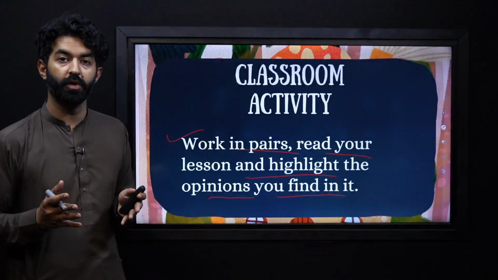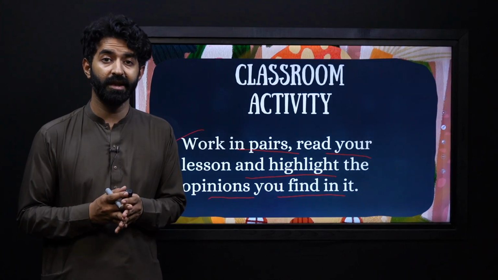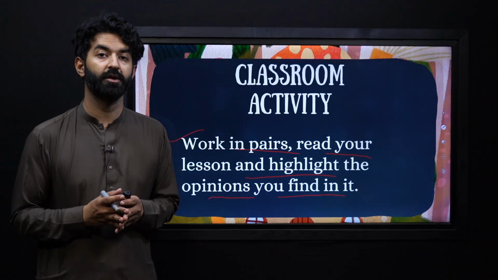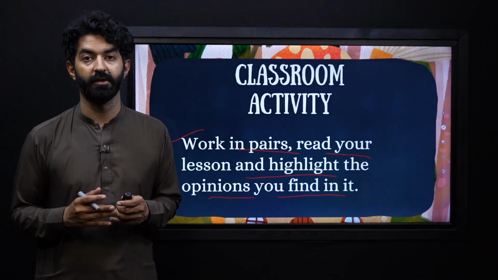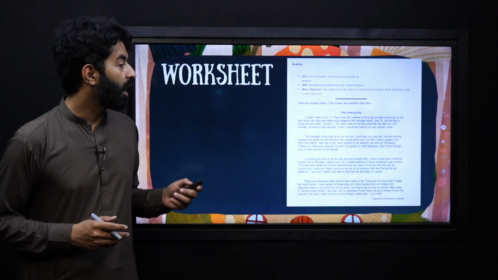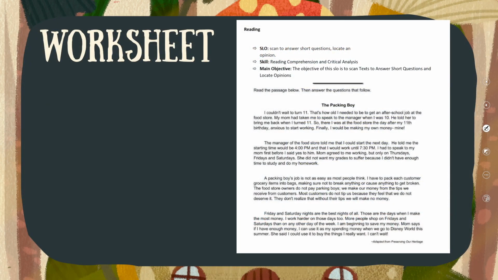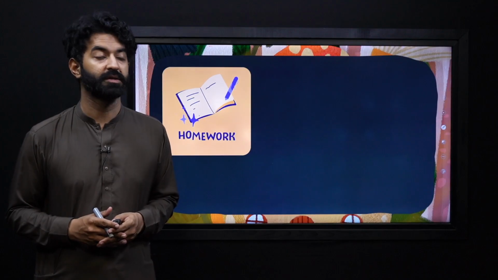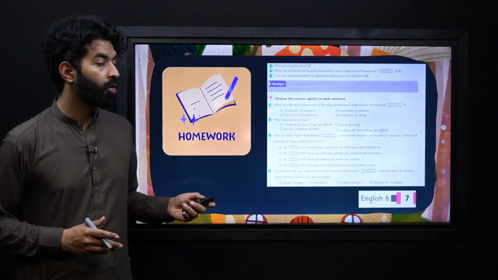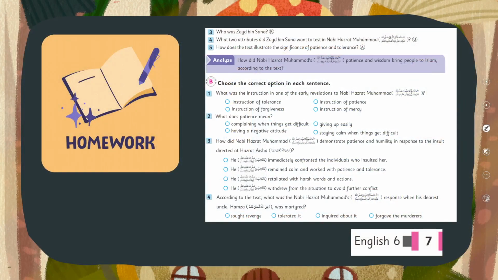So let's put your learned skill that we learned today in practice and do this classroom activity effectively. Now we also have a worksheet, my dear learners and teachers. This can be distributed among students for their better understanding. So for homework, you have page number 7, question like choose the correct option in each sentence.